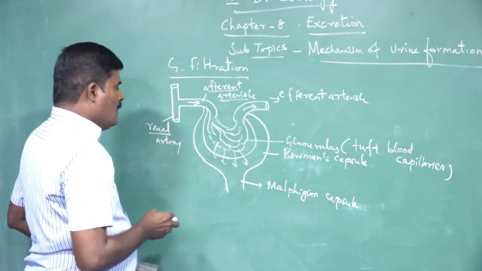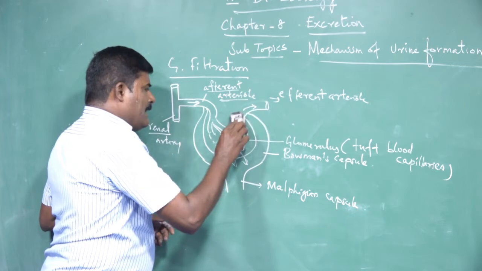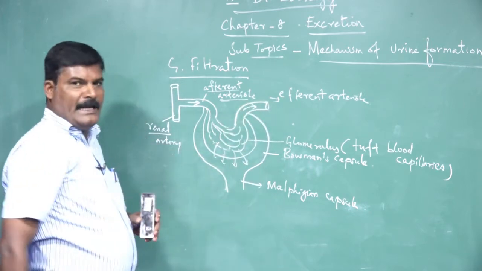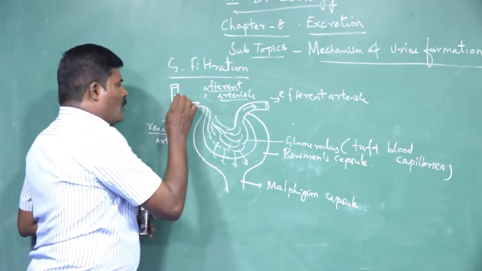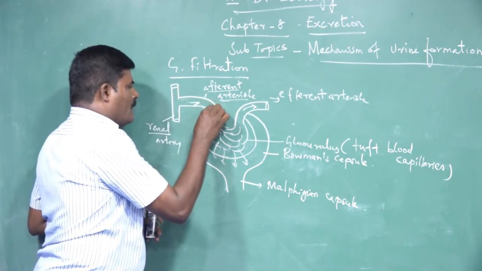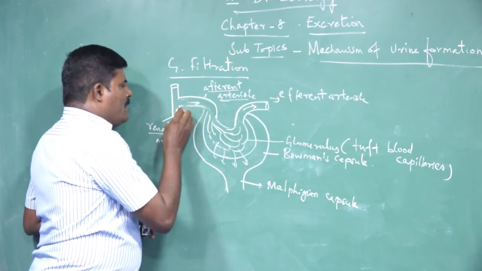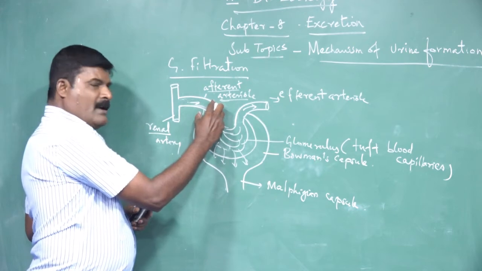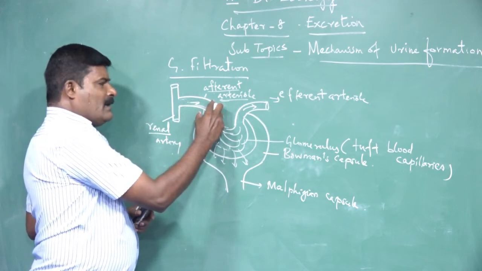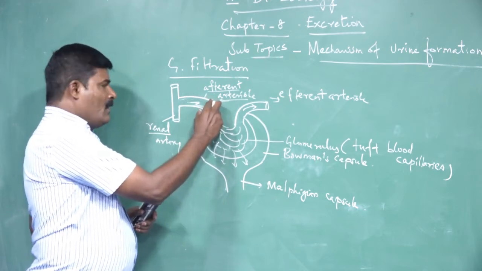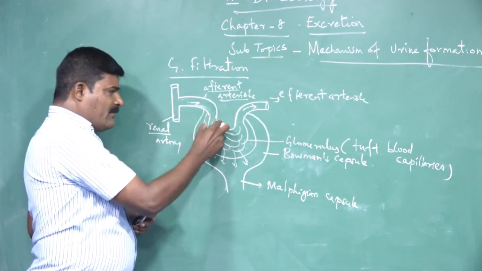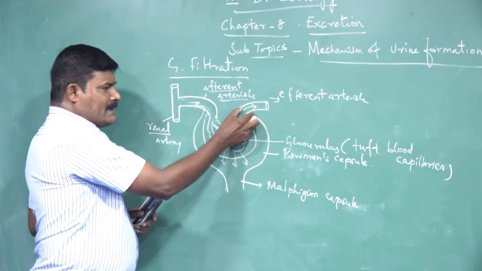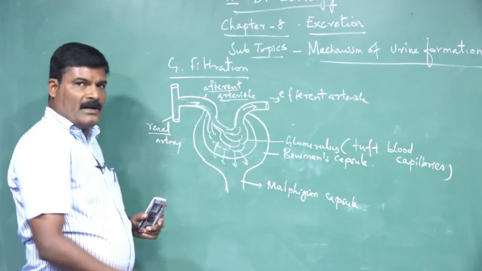It is slower. So why is it so? By nature, the afferent arteriole is wider and the efferent arteriole is narrower. What is the difference between afferent and efferent arterioles? The size of the afferent arteriole is larger, so the blood flows faster with greater force, but the blood leaving the glomerulus through the efferent arteriole is slower.